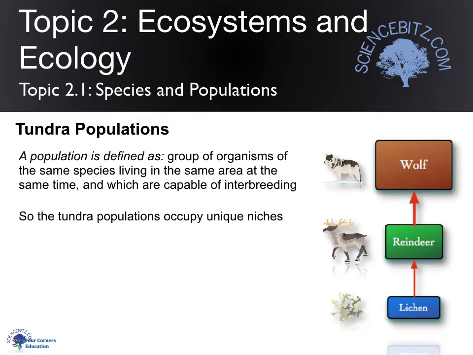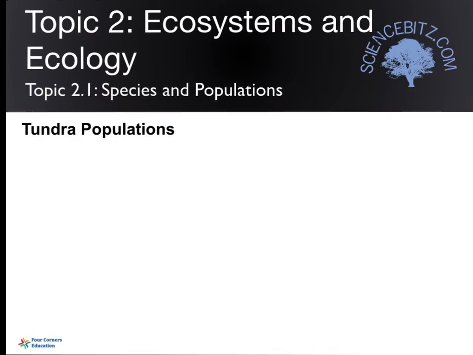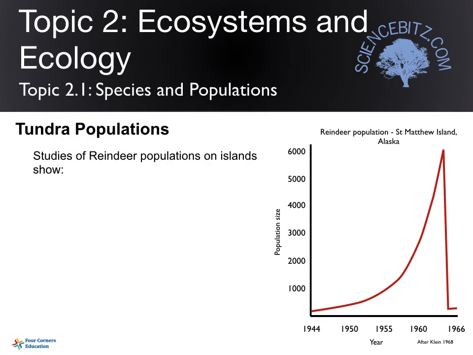So how does that actually affect populations? What does all this coming together really mean in terms of population? Between the 1940s and the 1960s, a series of studies were undertaken on St. Matthew's Island in Alaska, and they looked at the reindeer population. As you can see from the graph, the reindeer population was quite low in 1944. And by the mid-1960s, the population was really high and then crashed.